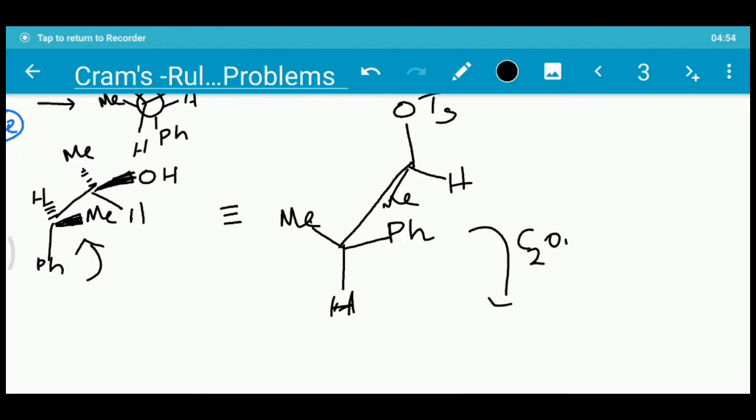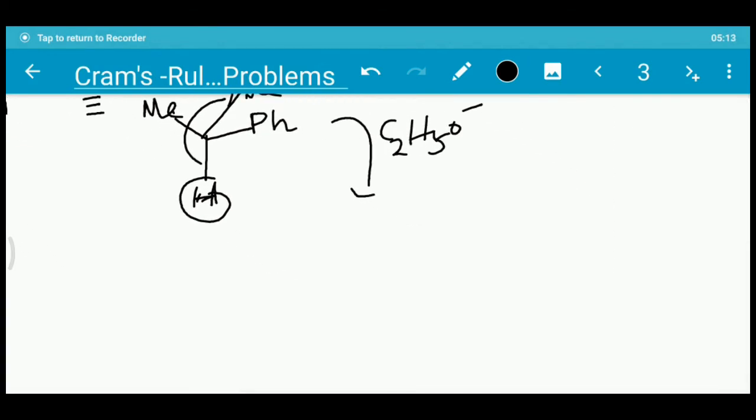Now in the presence of a base, the proton will be abstracted, resulting in the formation of an alkene, and my tosyl group will be pushed out.